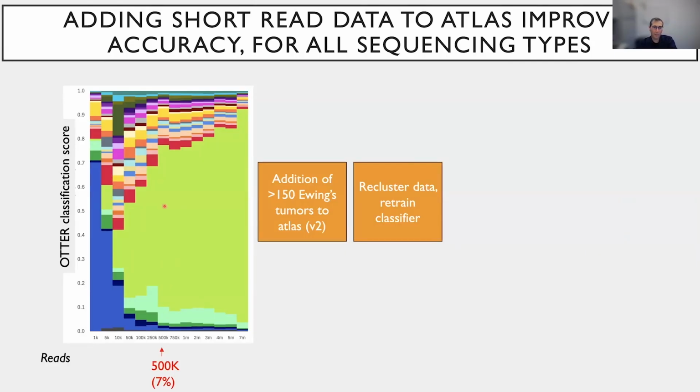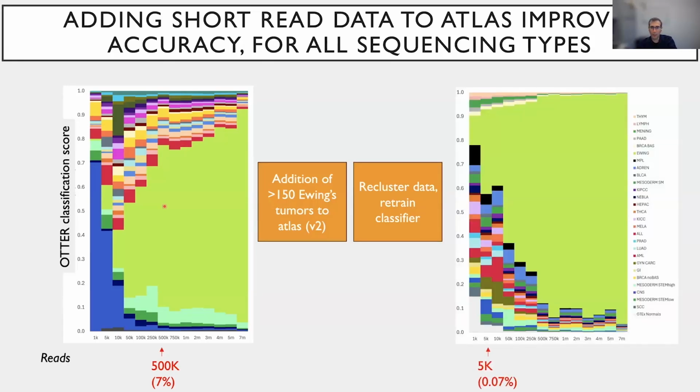And that's with a handful of less than 100 Ewing sarcomas in the training short read data. What we then did was add 600 new Ewing's tumors into that, retrained the classifier on the short read data, and then remapped our long read Ewing sarcoma tumors to it.